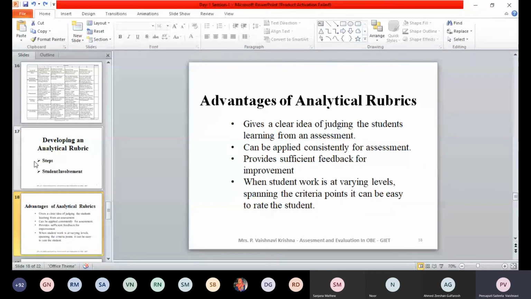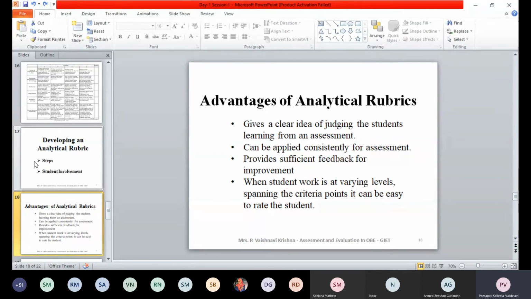I want to assess what is the performance of my student. So at the end of the day, what will I do with that performance? I shall either implement it, or I shall put some corrective measure, or I shall improve my teaching, or I shall give them some extra notes. So this is the major benefit that you can draw from your analytical rubric. It provides sufficient feedback for improvement.